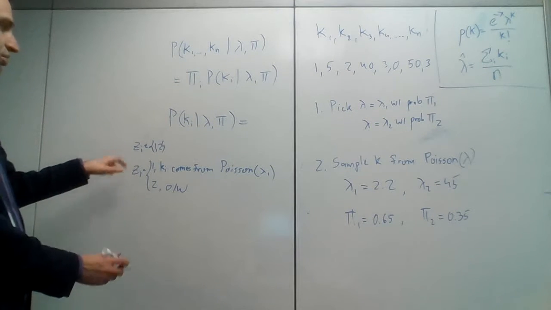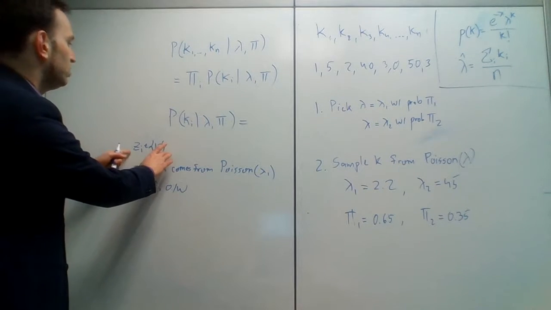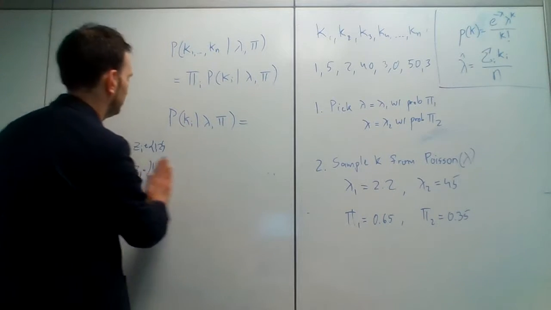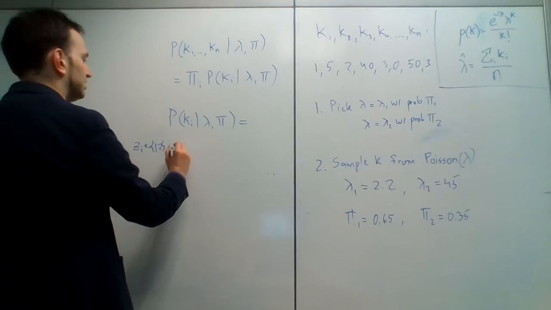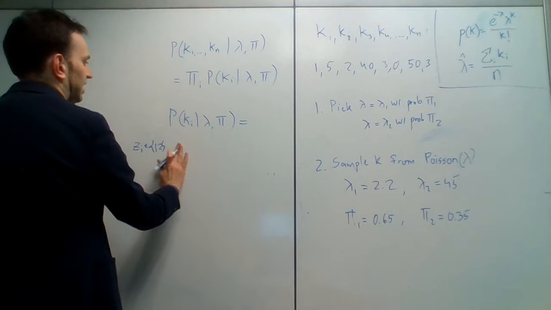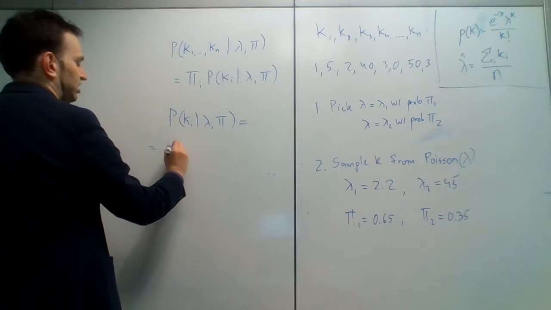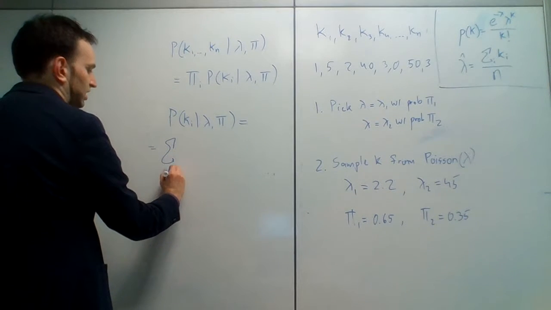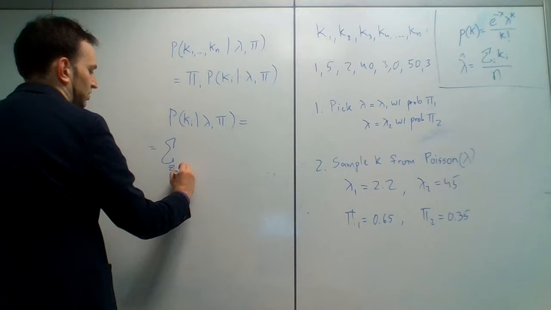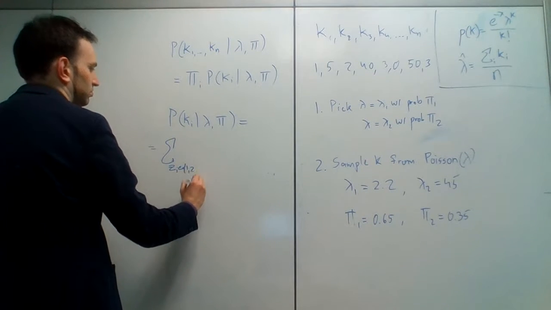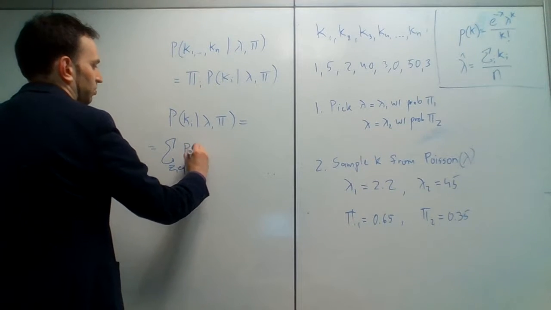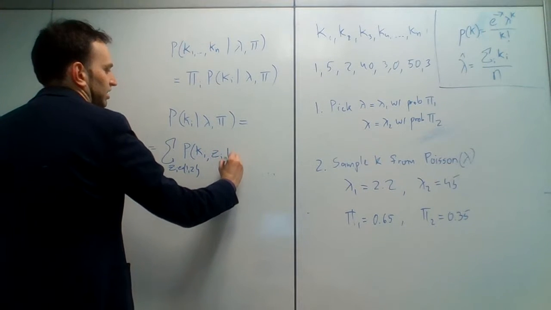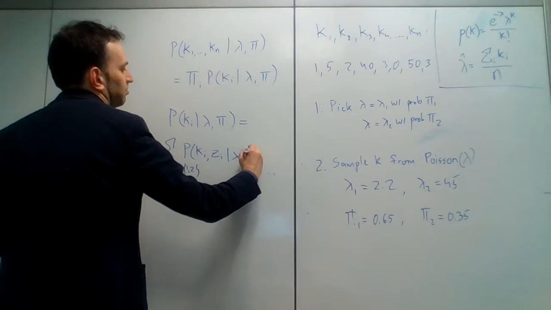If we introduce the zi, that's the definition, and we can say this thing is just equal to the sum over zi in 1 and 2 of the probability of ki and zi given lambda and pi.